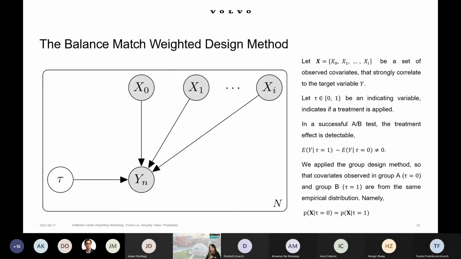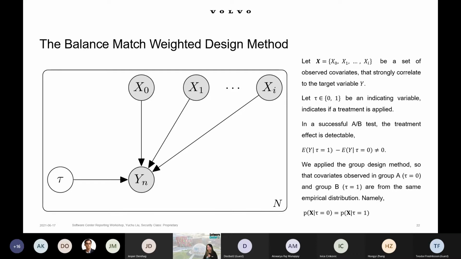And so what we introduce is a method called the balance match weighted design method, the BMW method, but we do not abbreviate that for obvious reasons. What that does is that it allows you to form A and B groups of a similar empirical distribution. And after you apply treatment to group B, you can safely conclude there's a causal effect of the treatment, the software change, on the effects that you are measuring.